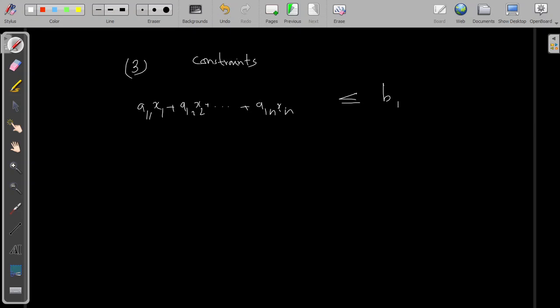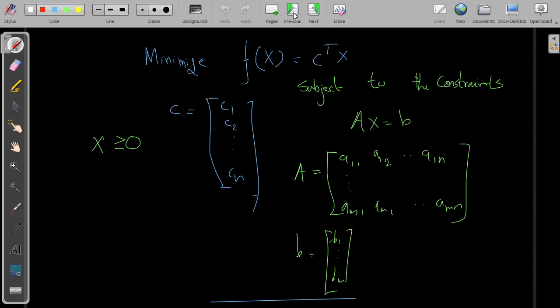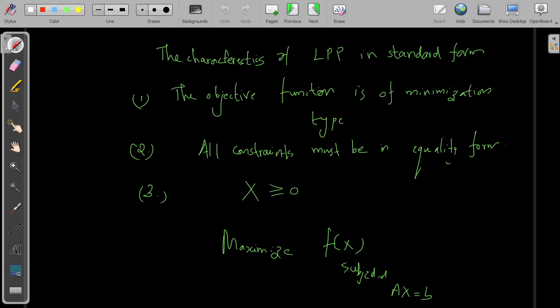Okay, so clearly we can say that this is not the standard form of LPP, because the characteristic of the standard form of LPP is that all constraints must be in equality form.